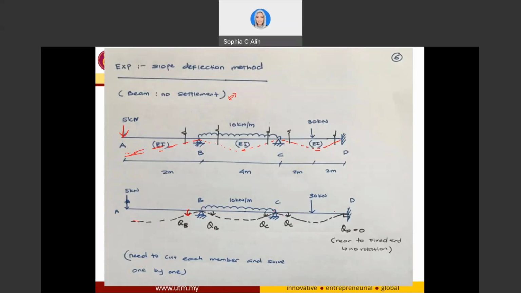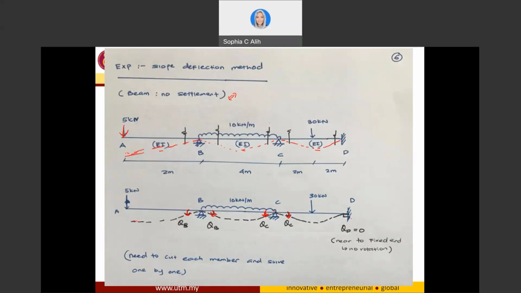And for span CD, I have one theta C, and for span CB, I have another theta C. Since my beam is deflected in this direction, my theta B is going to be clockwise. My theta C for span BC is going to be counterclockwise, and for span CD, my theta C is going to be clockwise.